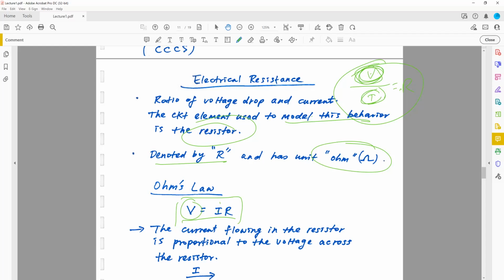Similarly, if I give you V and R, then you need to know Ohm's law so that you can find the current through the resistor. So it's always one out of these three variables that you need to find in your circuit analysis. Of course, sometimes it's a little bit more involved. There are simultaneous equations that you need to solve, so you need to find multiple voltages and multiple currents and so forth.